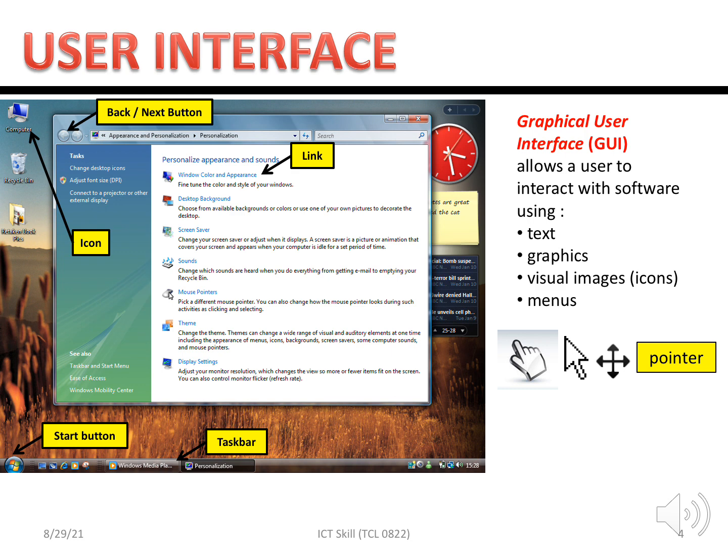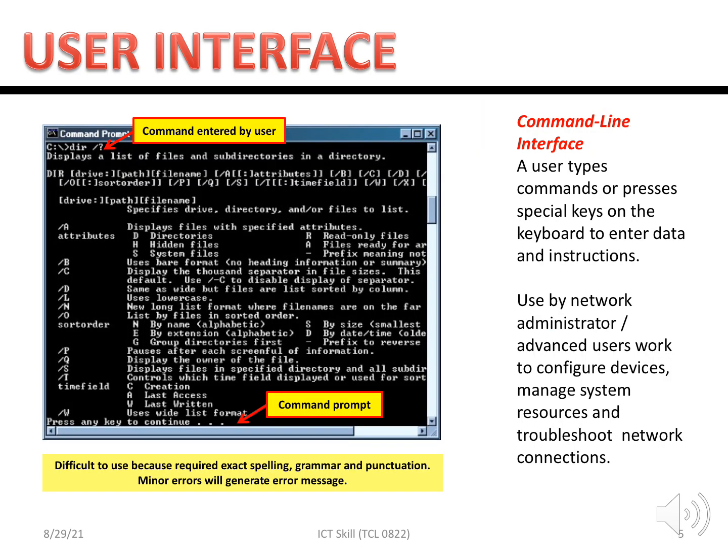So this is what we call the graphic user interface, which contains the text, graphic, visual image, and also the menu.